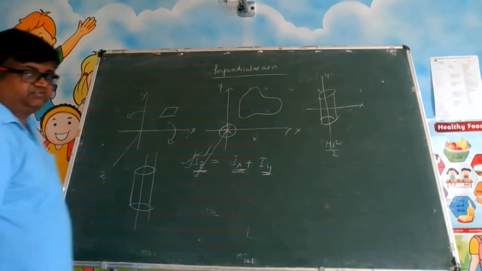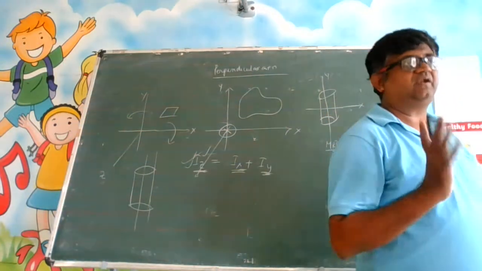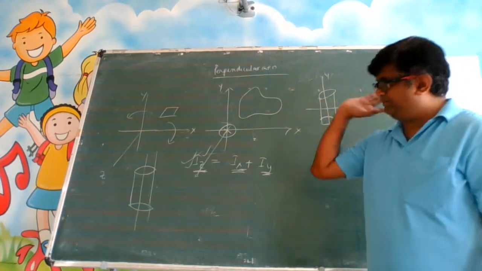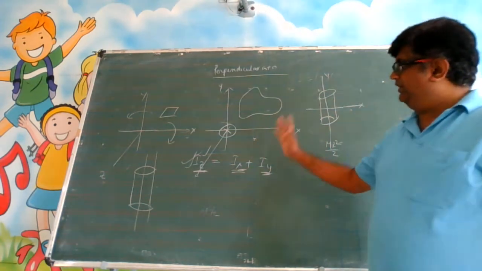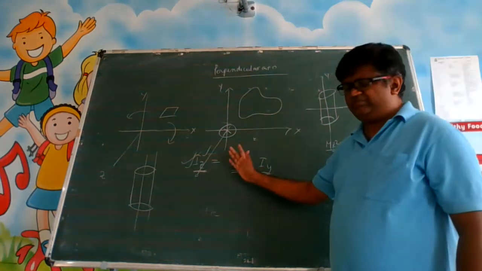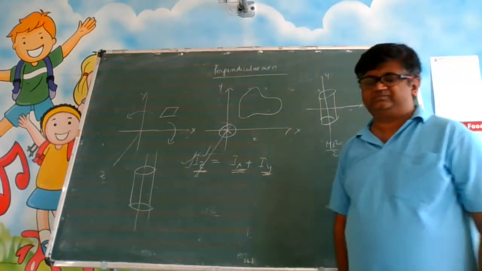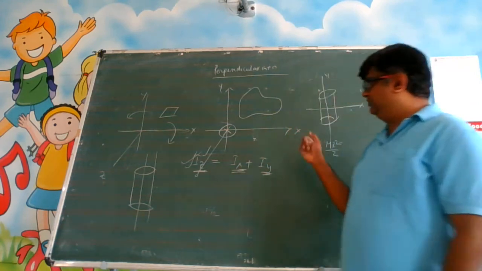So the perpendicular axis theorem basically says that if you have two concurrent axes which are mutually perpendicular to each other, you can find the moment of inertia about the axis which is perpendicular to those two axes. Here z is perpendicular to x as well as y.